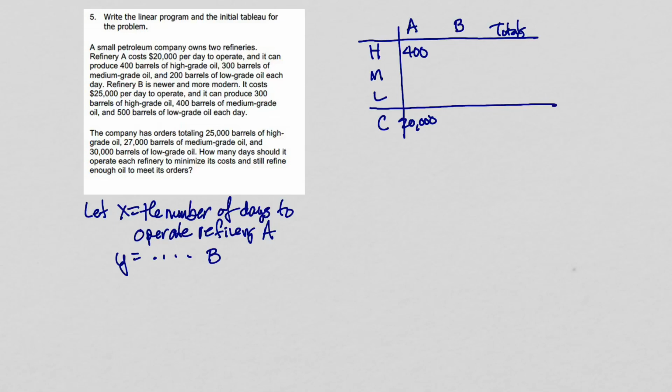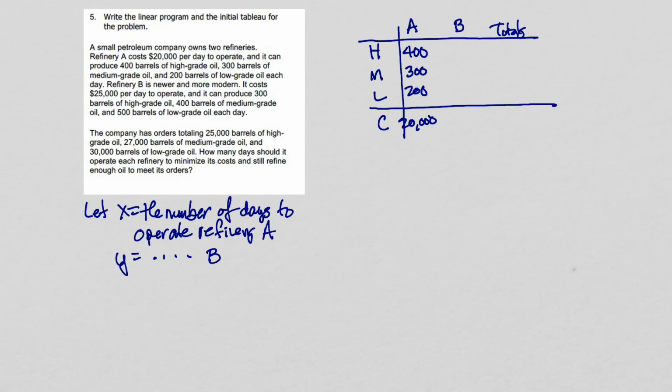And what else do we have? 300 barrels of medium and 200 of low. So we're going to have 300 mediums and 200 lows, all right? So refinery A can produce 400 high-grade barrels, 300 medium-grade, 200 low-grade, and it costs us $20,000 a day to operate.